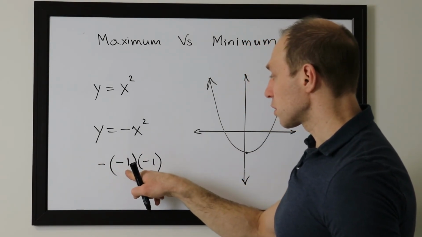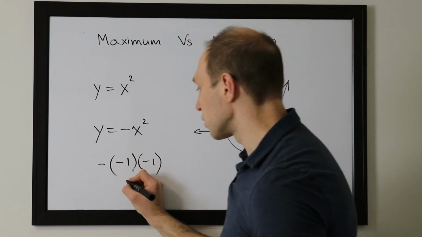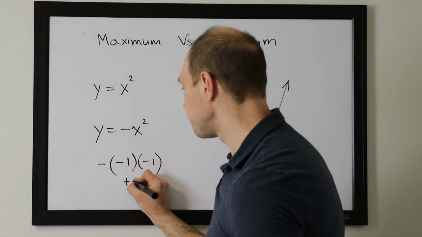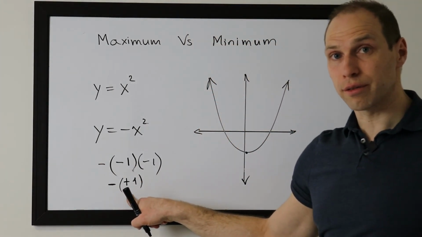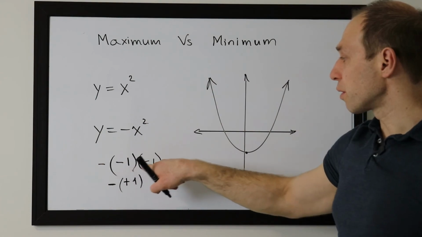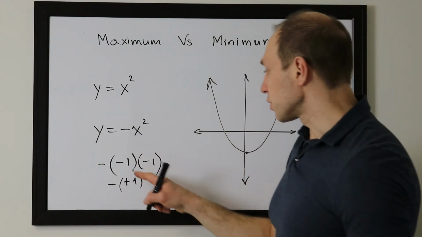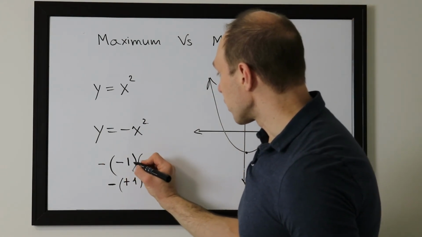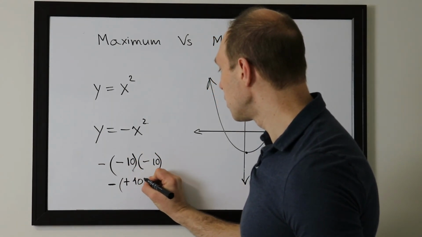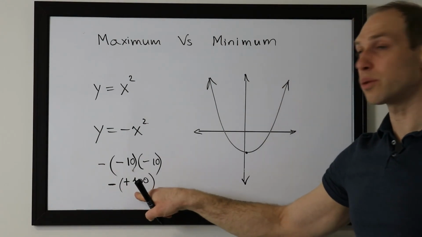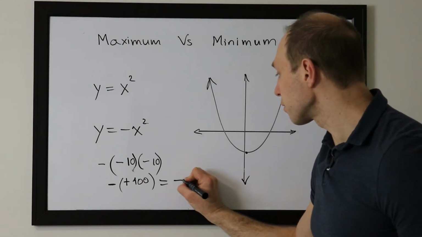And so in this case, negative 1 times negative 1 gives us an answer of positive 1, but that negative will make your answer negative. So it doesn't really matter what your values are, whether it's negative 1 or negative 10, your answer will always end up being negative.